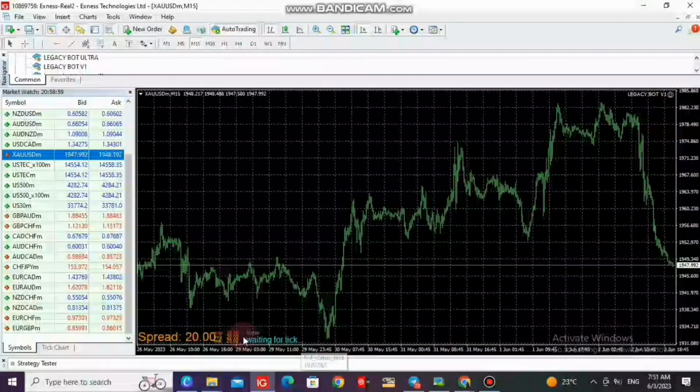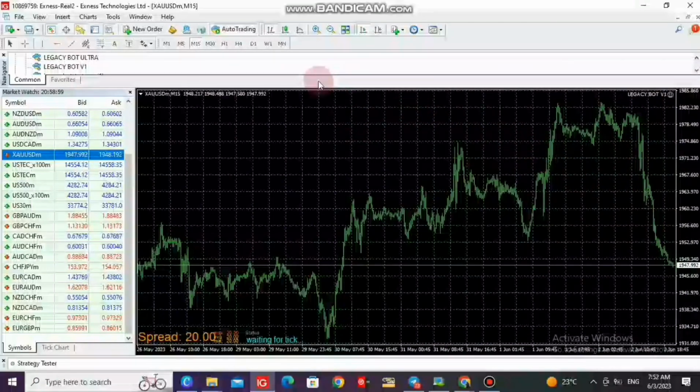Right now it's weekend. It will not really show the working status here, but during weekdays you'll see it working. It will actually be written working here. As you can see, the smiley face is smiling here in the top right corner of your chart window.